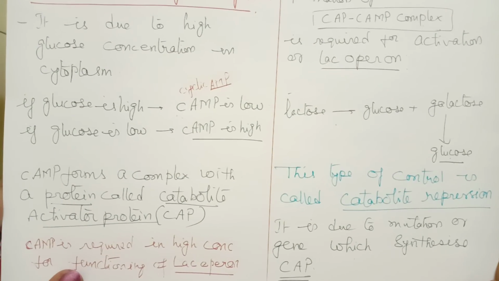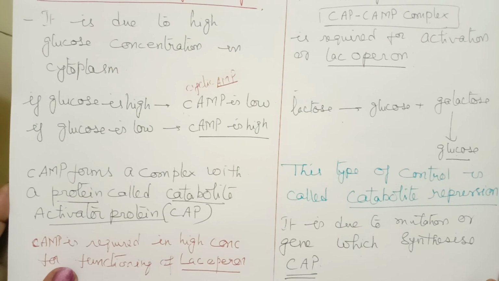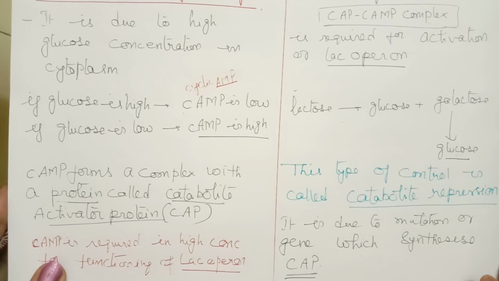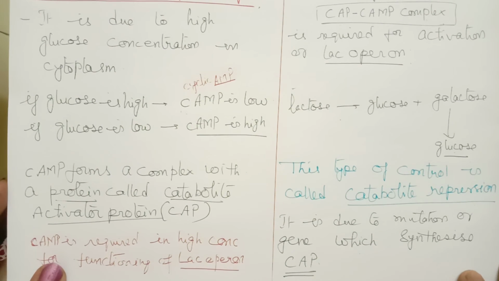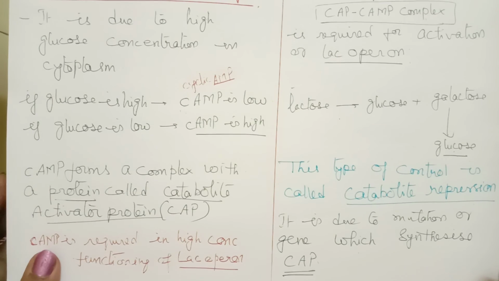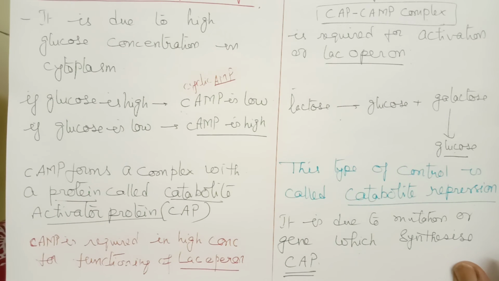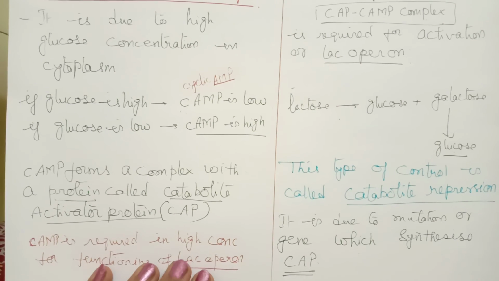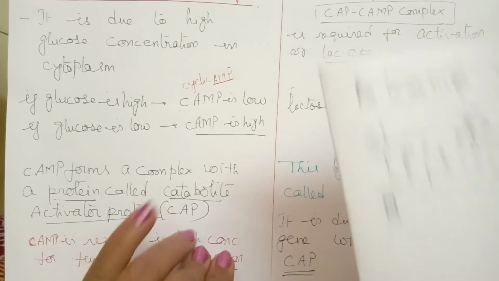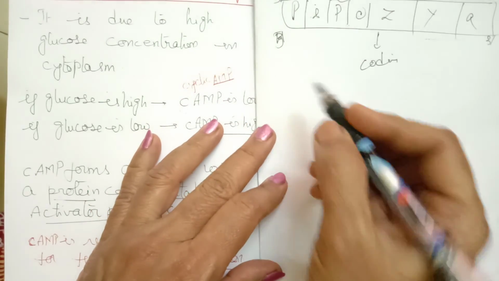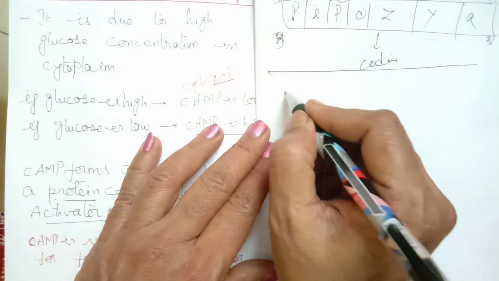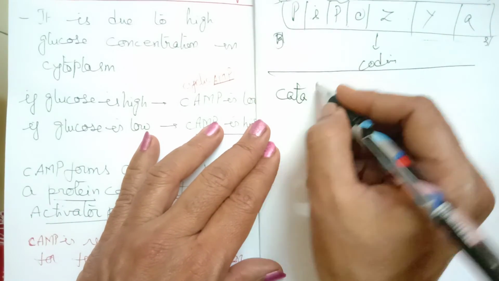You may get a question at a slightly higher level. What is catabolite repression? Suppose you have to answer an objective question. What is catabolite repression? Simply you can understand it as the positive control of Lac Operon. I'll write down one or two points on how you can answer.